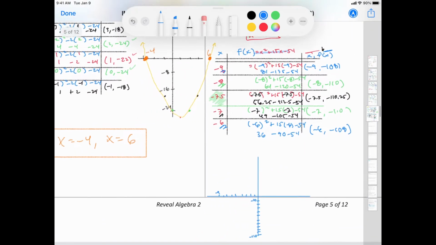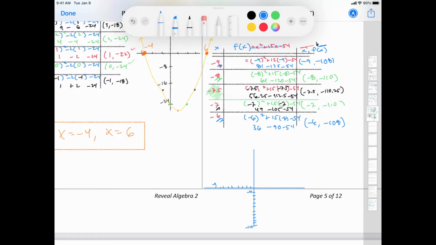Let's do our best. So left 9, down 108. Left 8, down negative 110, so a little bit lower. Super close, negative 7.5, negative 110.25, so just a little bit further. Left 7, down negative 110, which is the same thing as the green. And the blue, negative 6, negative 108.